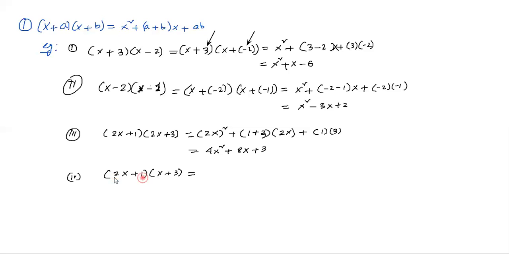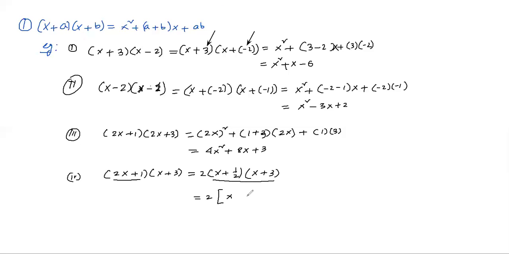In both the cases there is a problem: it is twice x. But to apply this identity, you should get both to be x. So from here I can take 2 common. If I take 2 common, this will become half, and it is already x plus 3. Very nice. Now let the 2 be outside and treat this particular part as you did for the original one.